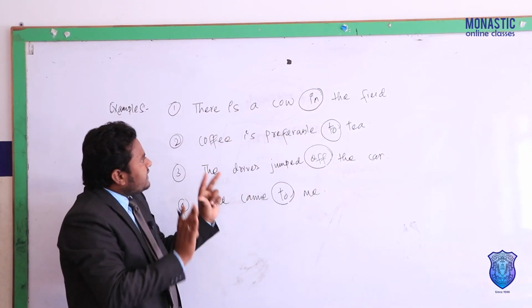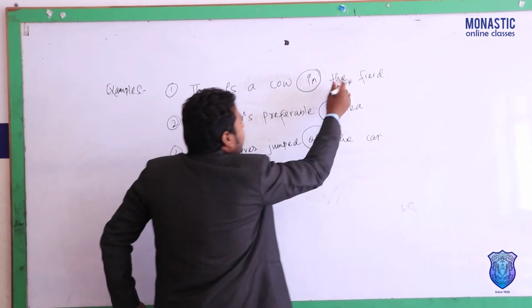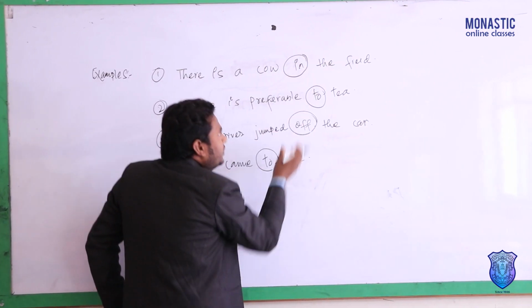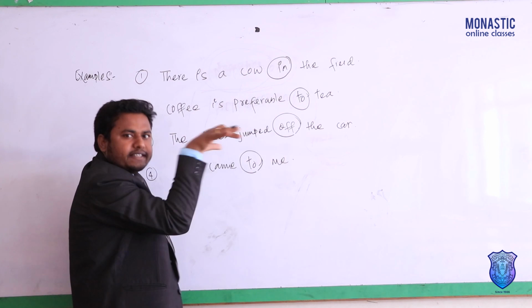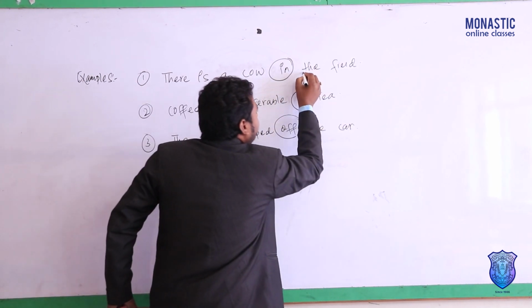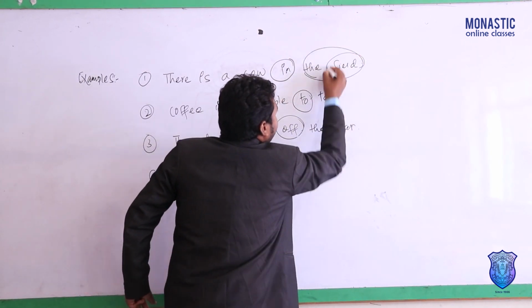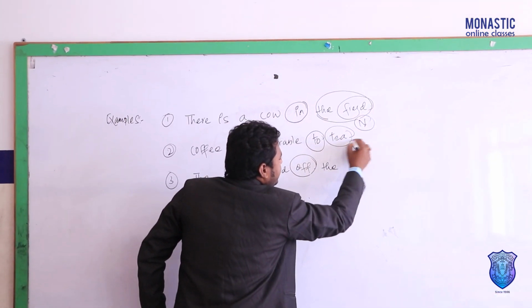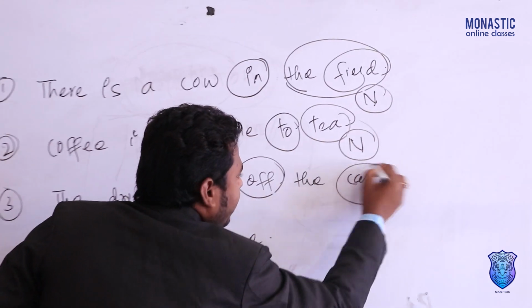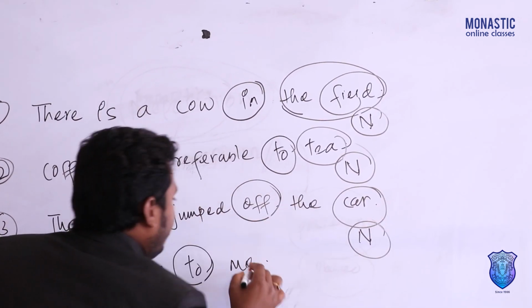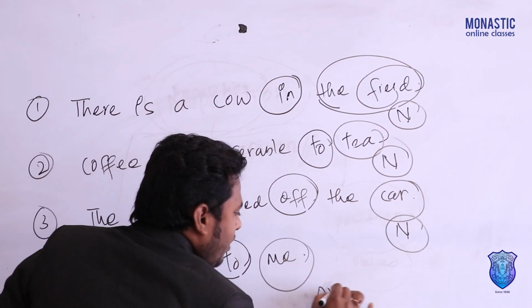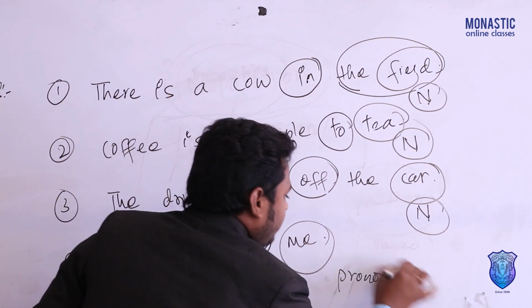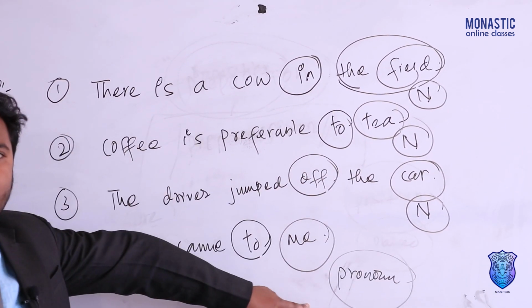We can also see that all these prepositions are used before something, and that something is a noun. Field is a noun. Tea is a noun. Car is a noun. Here me is a pronoun.